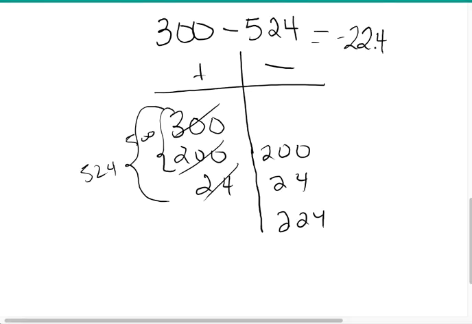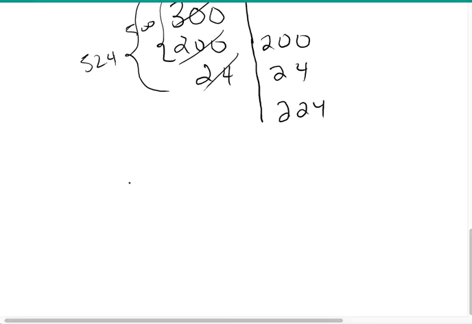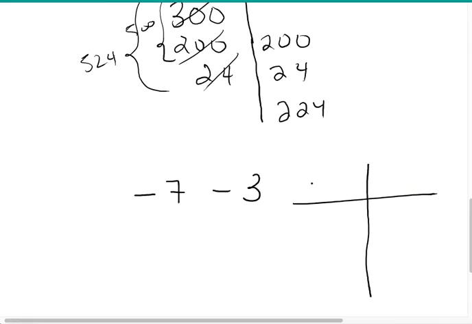The beauty of this method is that you can use it with negative integers. So let's say I had negative 7 take away 3. I have positives and negatives, and now I'm starting with negative 7, so the 7 goes here on the negative side. And I'm taking away, so I'm removing 3 positives.